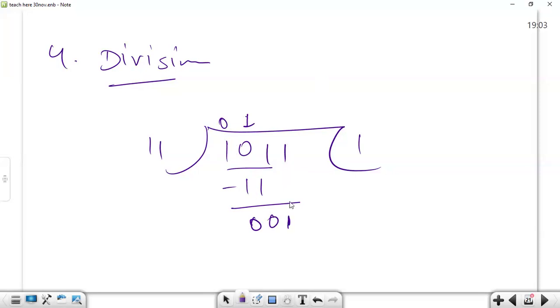Let's take the next digit down. So this becomes 0, 0, 1. Now let's see. We have taken 1 minus 1. This will become 0. Okay, correct.